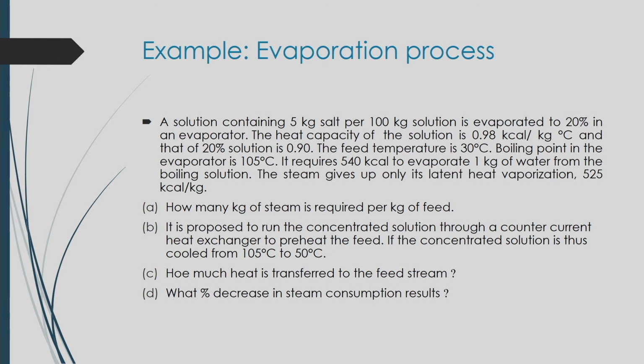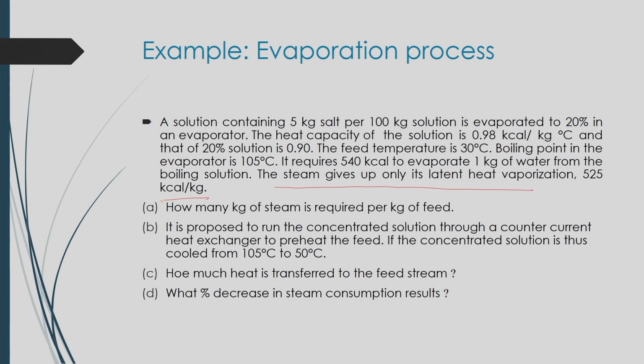The feed temperature is 30 degree Celsius, whereas the boiling point in the evaporator is 105 degree Celsius. It requires 540 kilocalorie to evaporate 1 kg of water from the boiling solution. The steam gives up only its latent heat of vaporization as 525 kilocalorie per kg.